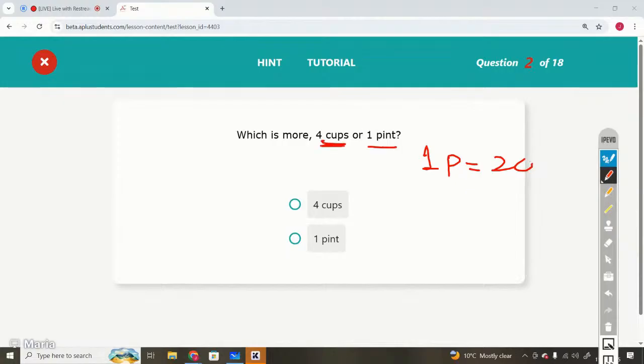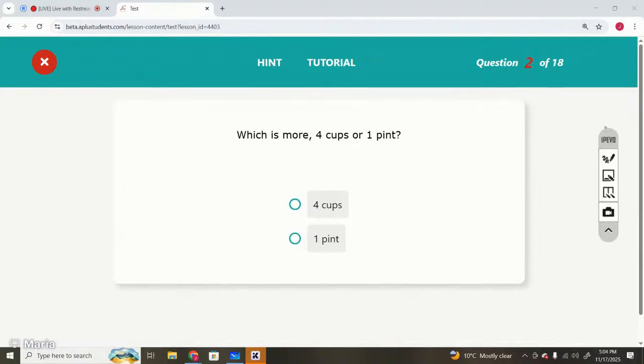So 4 cups is more than 1 pint. The correct option is 4 cups. Option number 1 is the correct option.